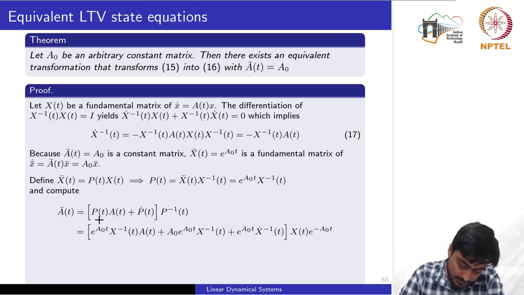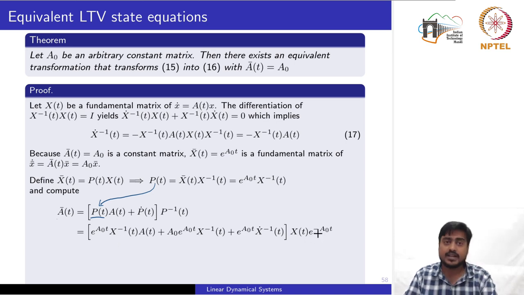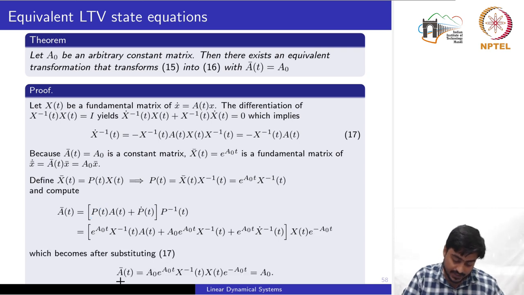Okay. Now here P of t is replaced by this part, and after doing some simplification which you can look at more closely, we finally arrive that A bar t is actually equal to A naught.